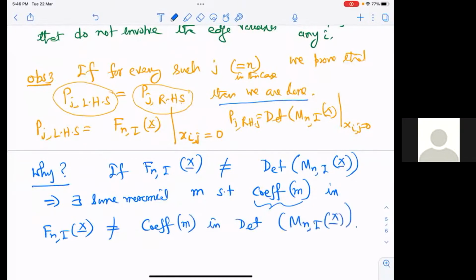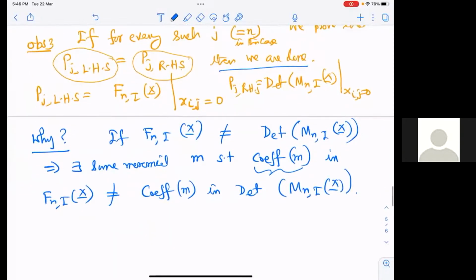Then only these two polynomials are different, right? There has to be at least one monomial with a different coefficient. It could be zero in some cases, but they have to be different.